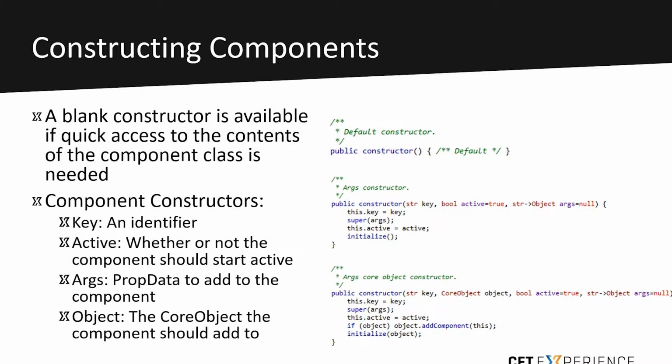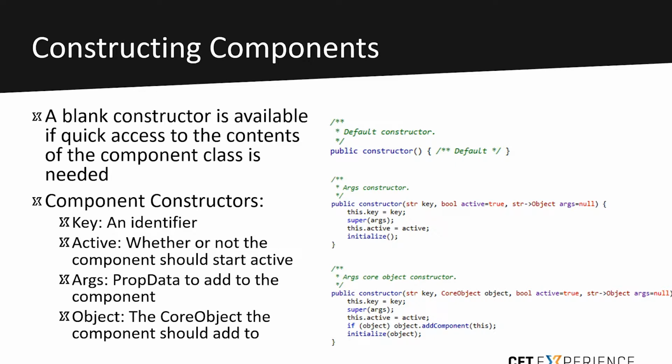If a component is inactive, it can live on the core object, but it won't drive graphics or properties or parts or anything like that. So if for whatever reason you want to store it on a core object but you're not actually ready to use it, you can set this to false and it will essentially turn it off, even though it continues to live on the core object.